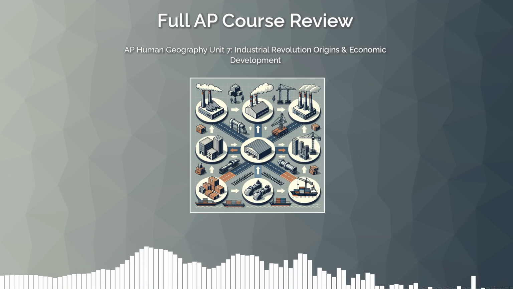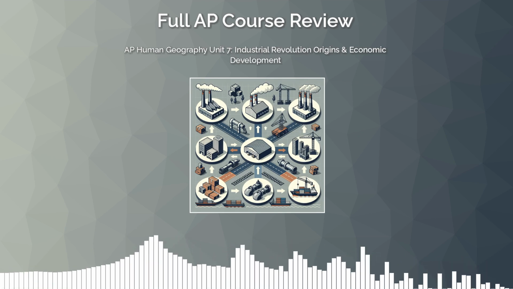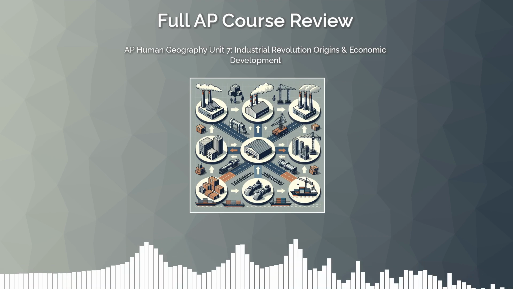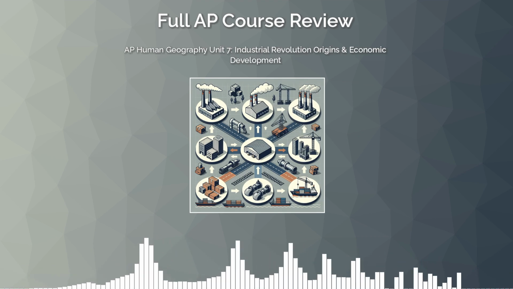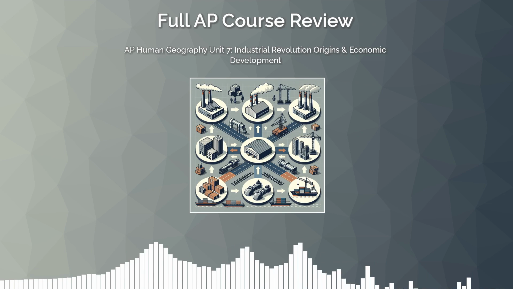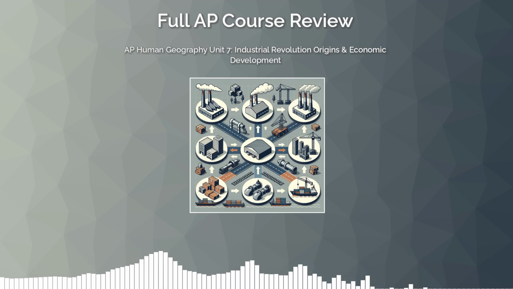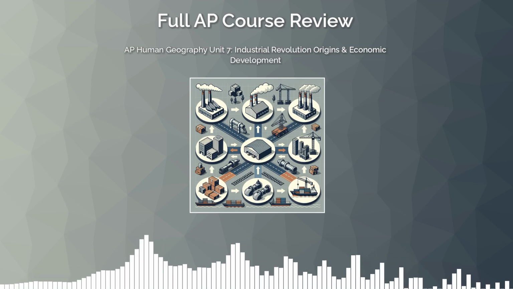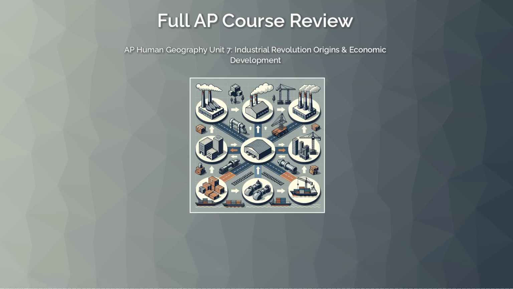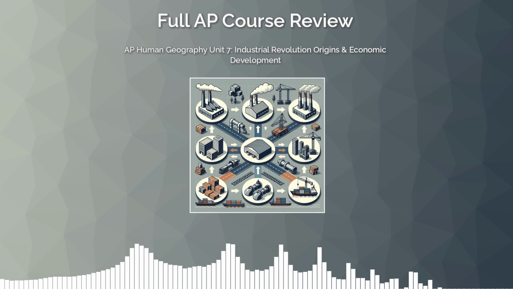Countries that go through this transition enter what economists call a demographic dividend, a period where the working-age population is large relative to dependents, which supercharges economic growth. East Asian economies like South Korea, Taiwan, and Singapore leveraged exactly this dynamic in the latter half of the 20th century. And it's a go-to FRQ example you should have ready.